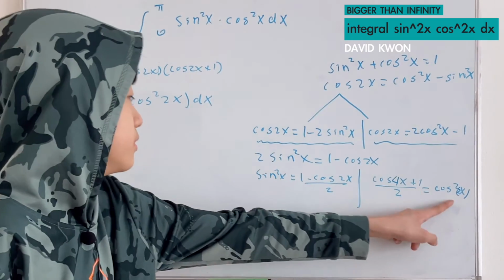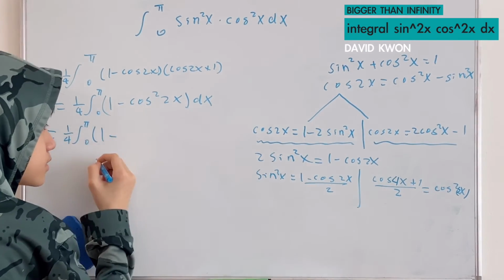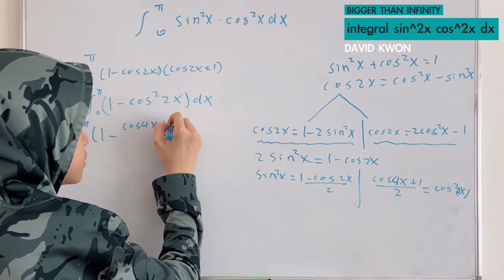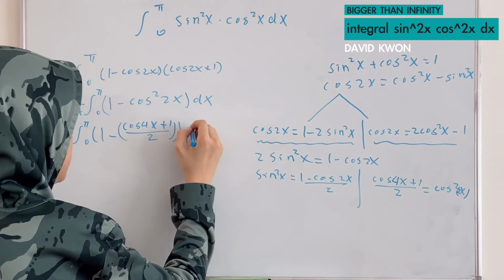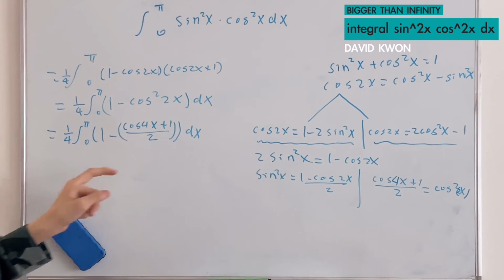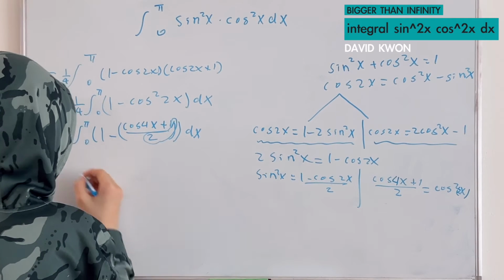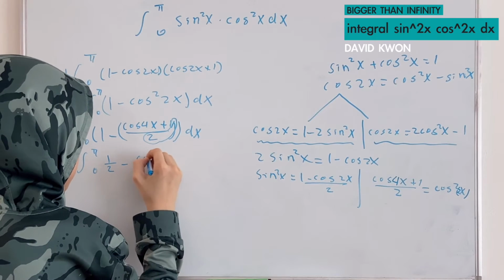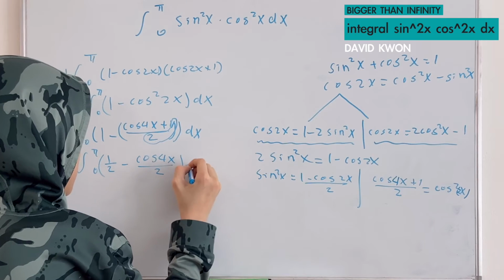And now I can substitute this for this. 1 minus, then we have cosine 4x plus 1 over 2. I'll just have a parenthesis to make things clearer. There is a 1, and then there's a 1 over 2. Like this. That is just equal to 1 over 2 minus cosine 4x over 2, all by dx.